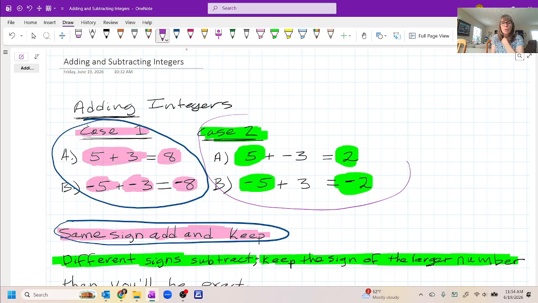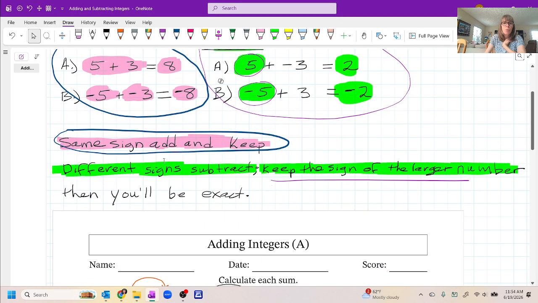You subtract the numbers, just the absolute value, the number parts, and you keep the sign of the larger number. So if you have more debt, you keep the negative sign. If you have more positive money, you keep the positive sign. So the poem goes: same sign, add and keep, different sign, subtract. Keep the sign of the larger number, then you'll be exact.